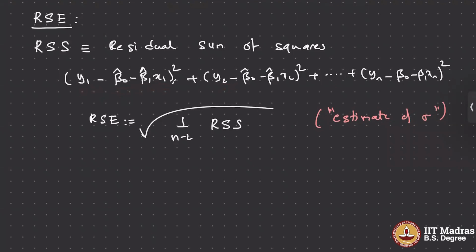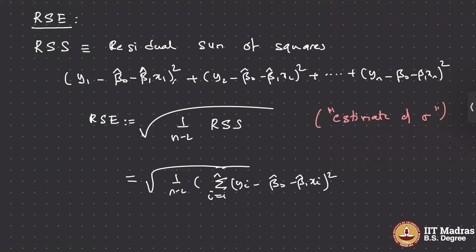So the RSE is the square root of 1 over n minus 2 times the sum from i equal to 1 to n of yi minus the estimate. What is the estimate? The estimate is beta naught hat plus beta 1 hat times xi, the whole square. So in some sense, you're estimating the standard error of y, or sigma, the error term that you have in the model.